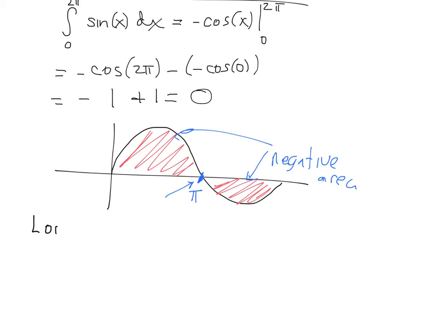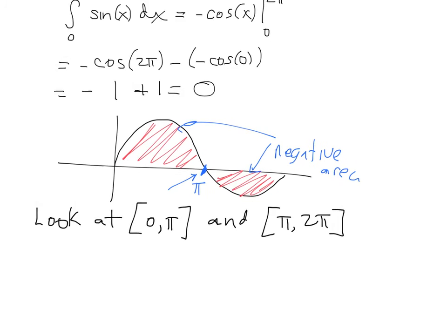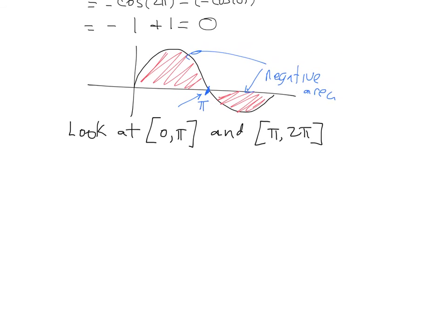So now let's look at the interval from 0 to pi and pi to 2 pi. So now I'm going to have two different integrals here from 0 to pi, still sine x dx, but then also from pi to 2 pi sine x dx.